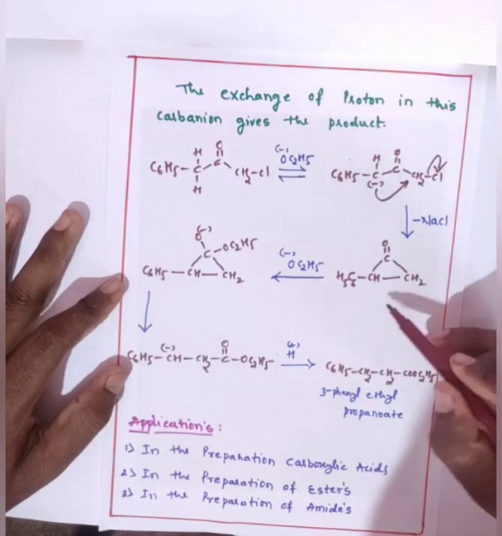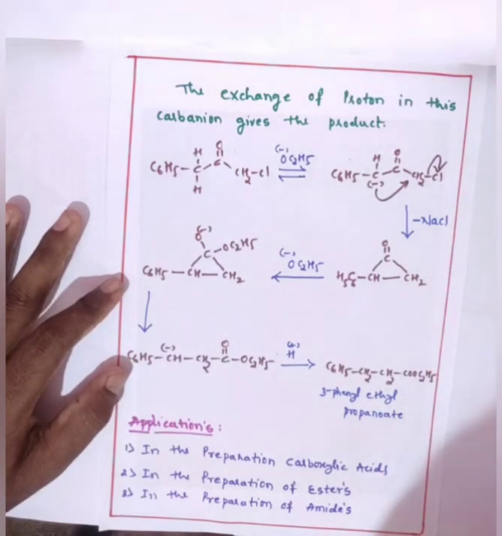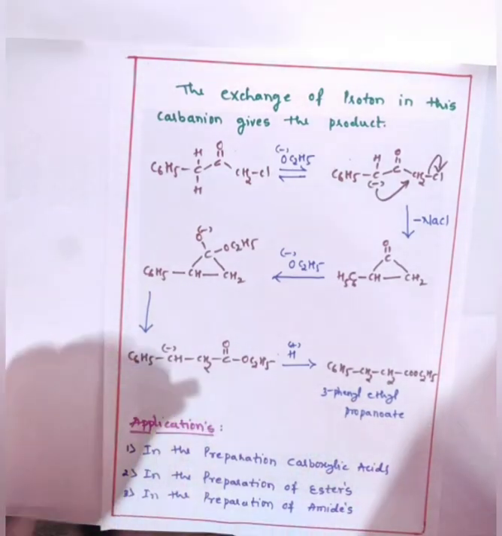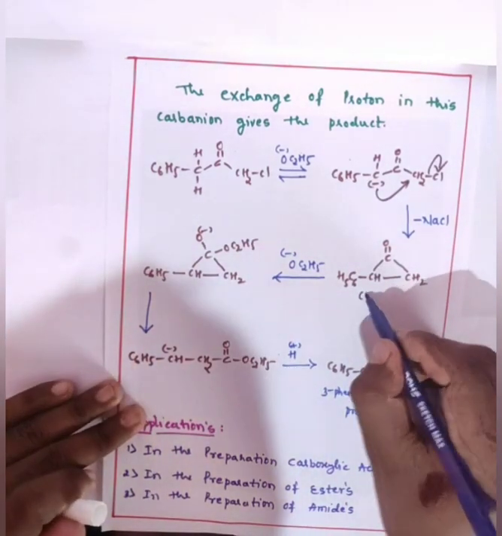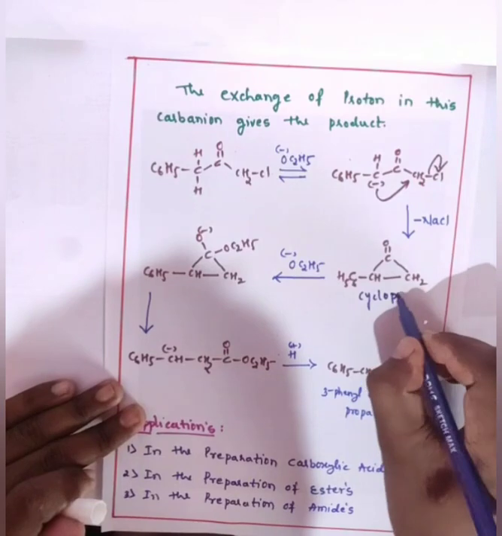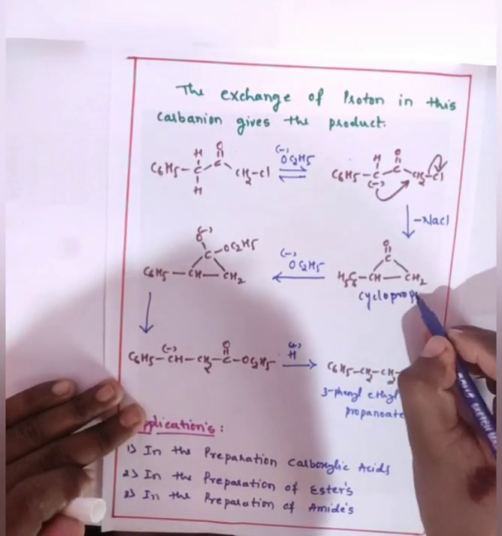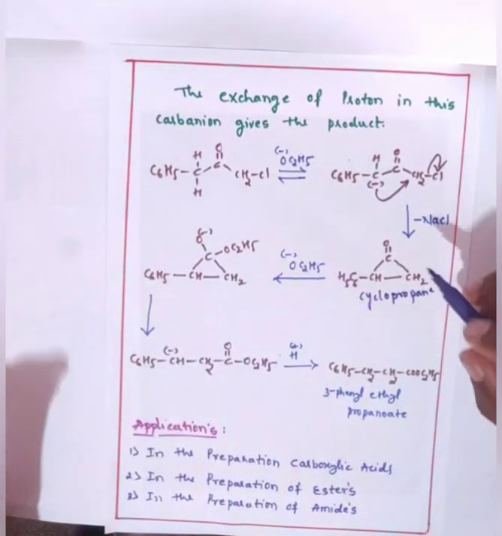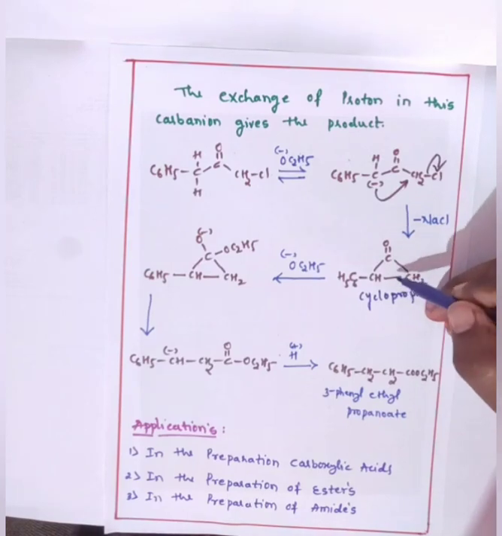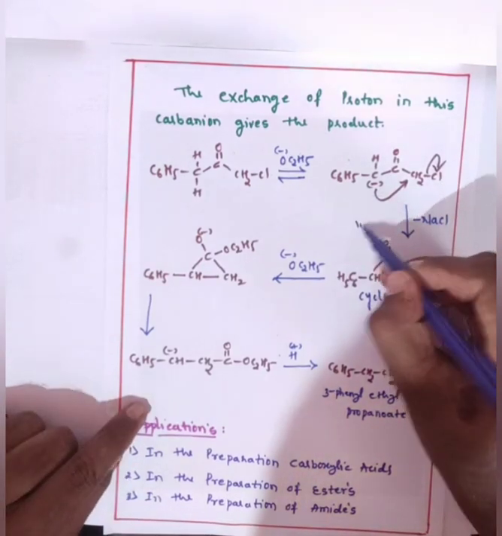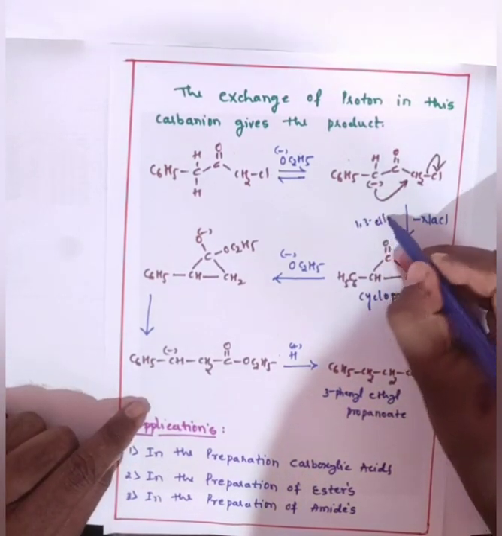At the same time, it gives an intermediate cyclopropane. This is a cyclopropane. So this intermediate cyclopropane molecule is formed by 1,3 elimination.